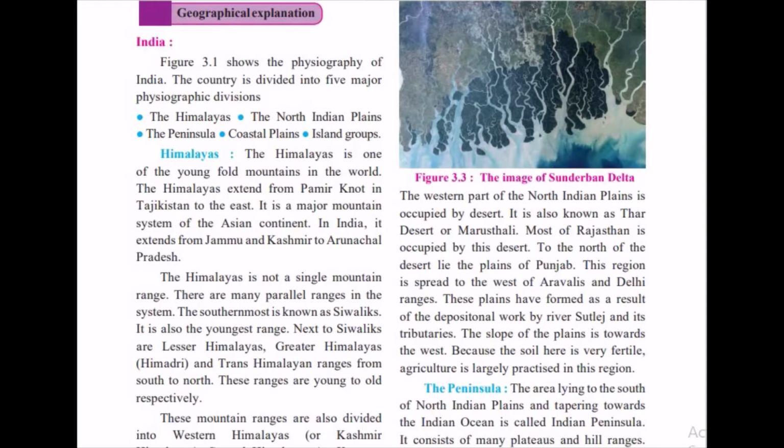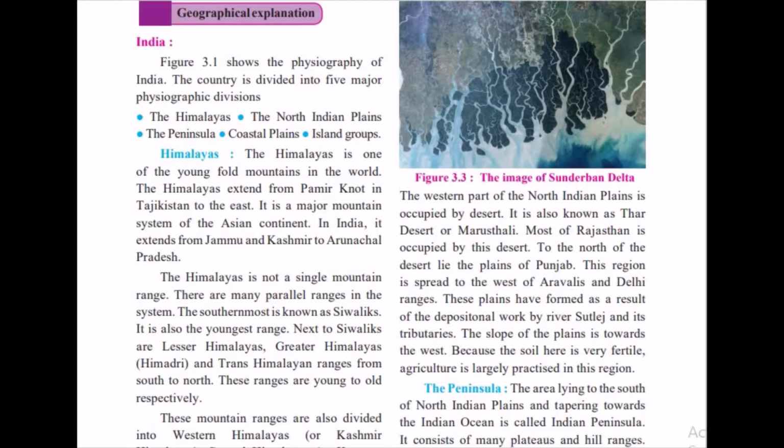Now, the very first mountain range which we all love to speak about, which we all love to look at, is none other than the Himalayas. Himalaya is a young fold mountain. It extends from Pamir Knot in Tajikistan to the east.